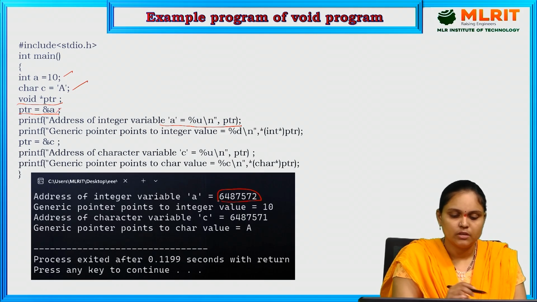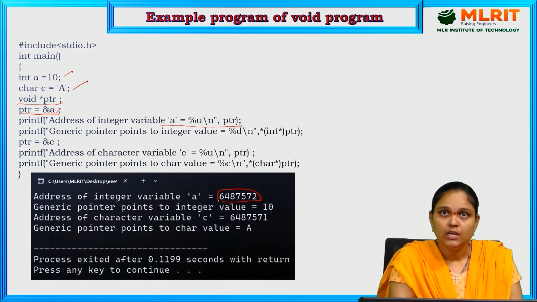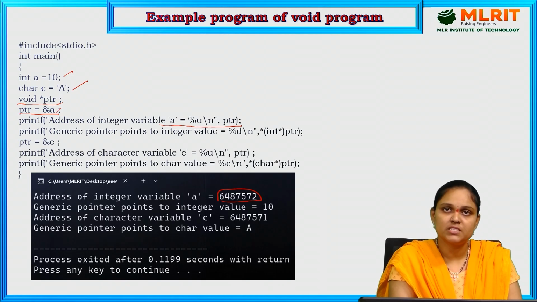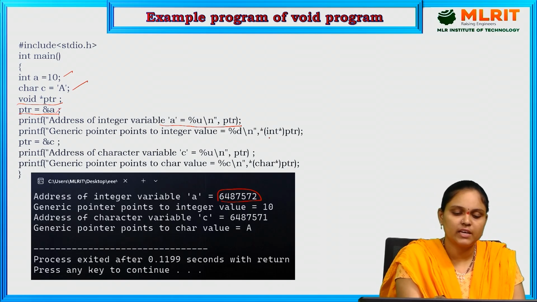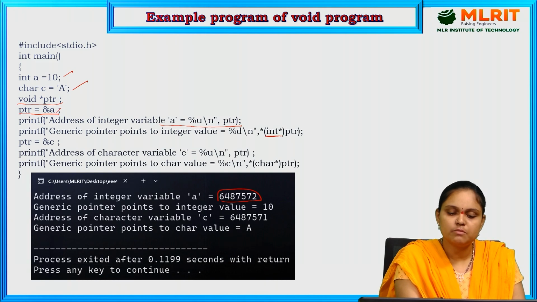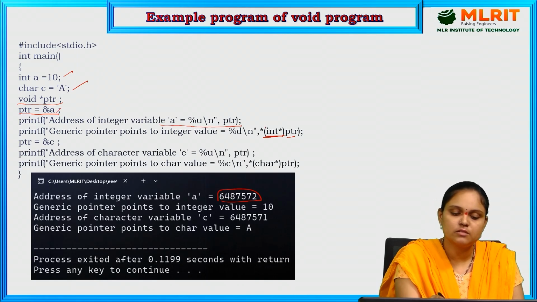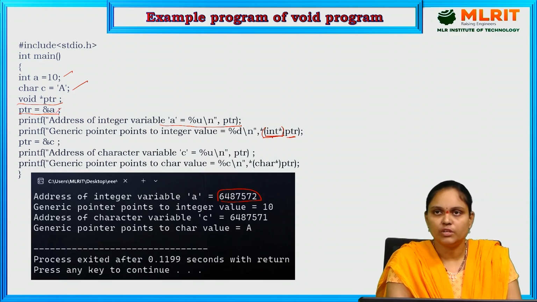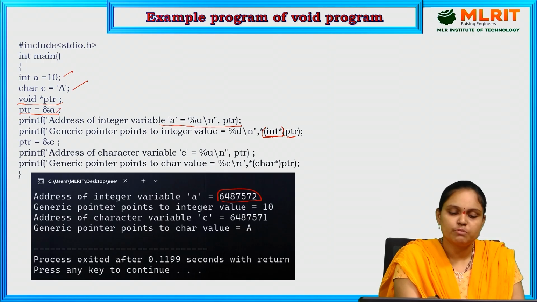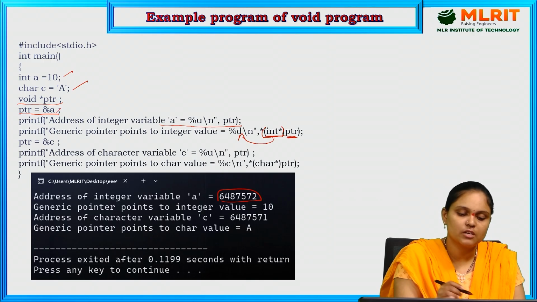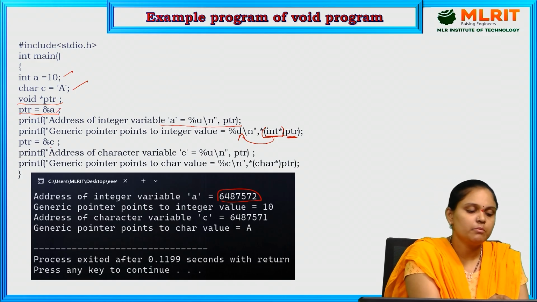In order to get the value present at the address, we typecast it: before this pointer variable, we give the integer data type in brackets. That means the pointer is converted to an integer pointer, so whatever value is present there will be displayed in place of this control string.